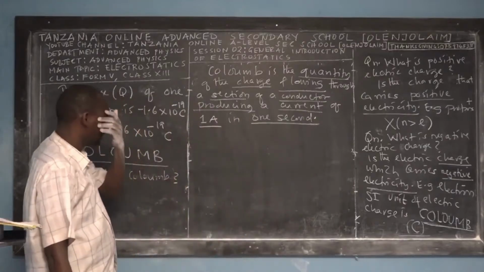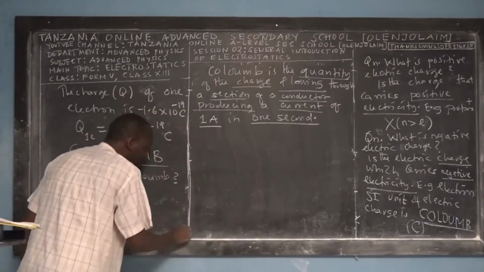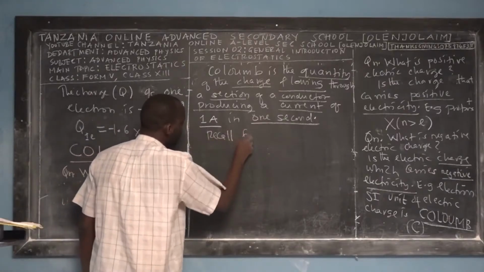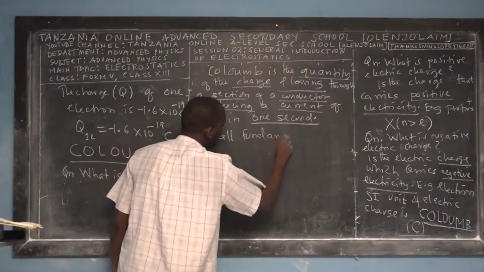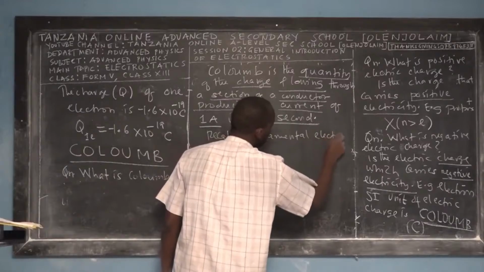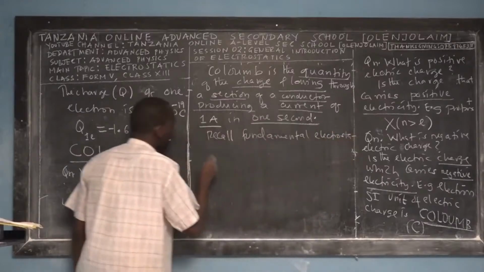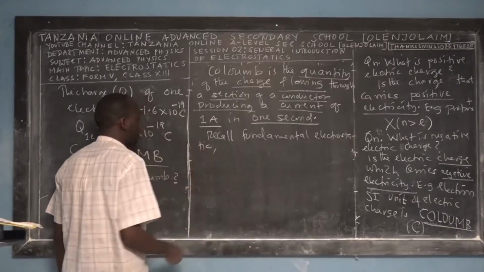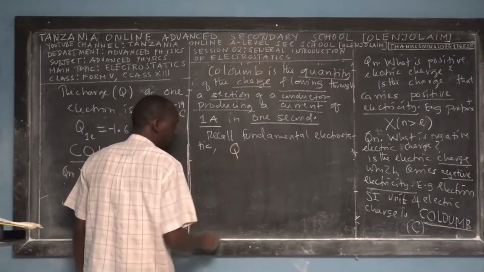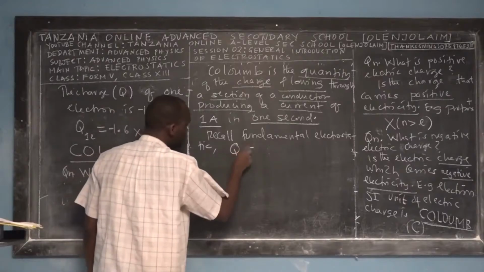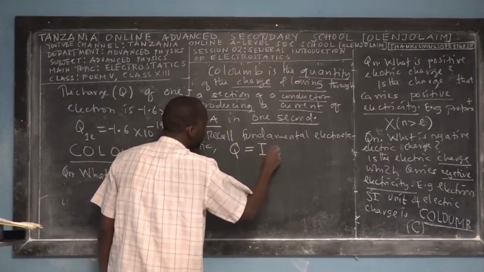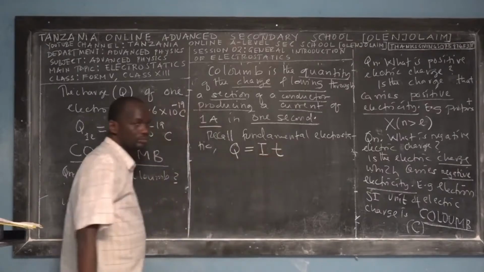Let me explain what it means. If you recall the fundamental electrostatics concept that you've learned, we told you that the quantity of charge, which is Q, is given as the product of electric current and the time.